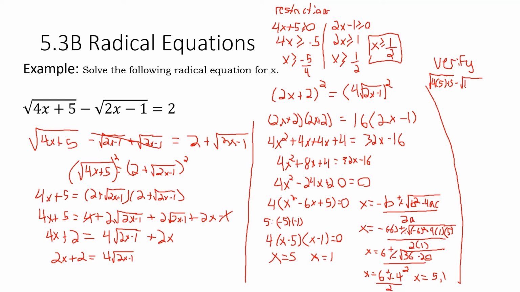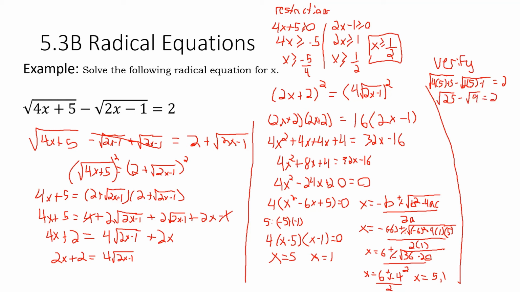So anyway, 2 times 5 minus 1, and then that is equal to 2. All right, so underneath the first root there, 4 times 5 is 20, plus 5 is 25, then minus 2 times 5 is 10. 10 minus 1 is 9.